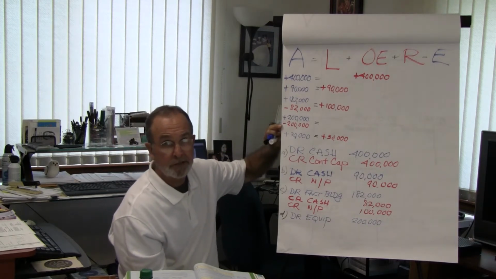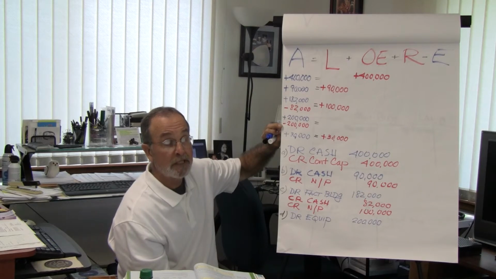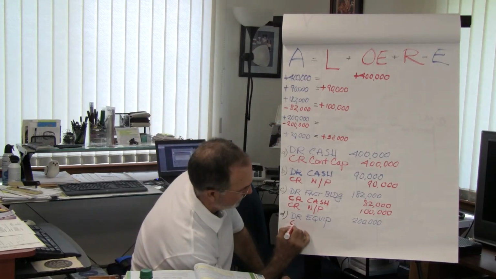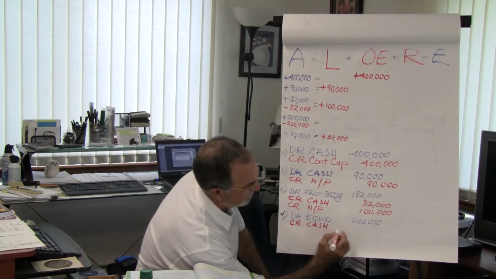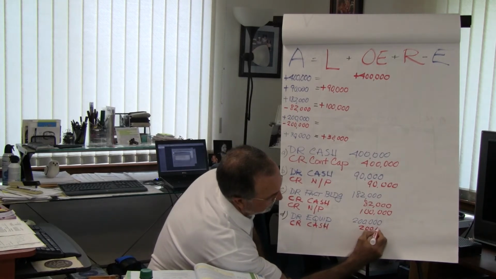Again, cash is an asset. We are making a payment of cash, so cash is going to be reduced, and so we subtract from an asset, we subtract from cash with a credit, of $200,000.